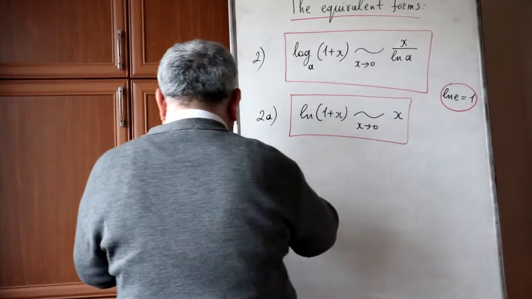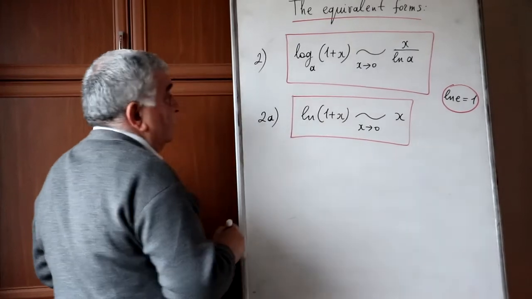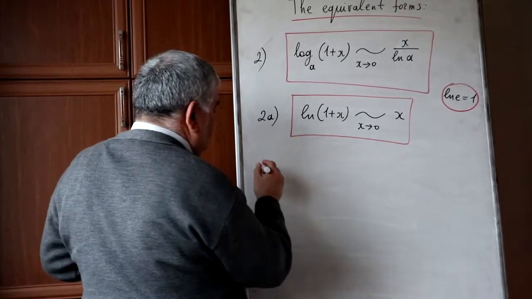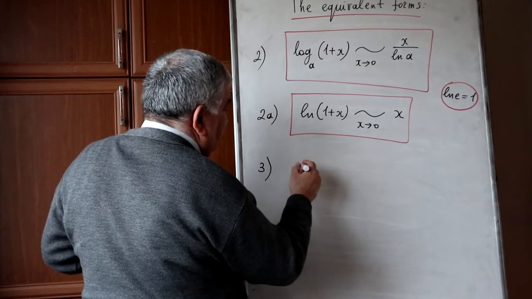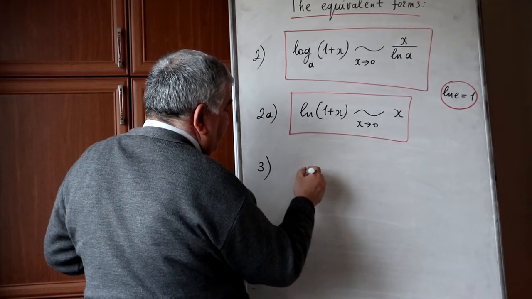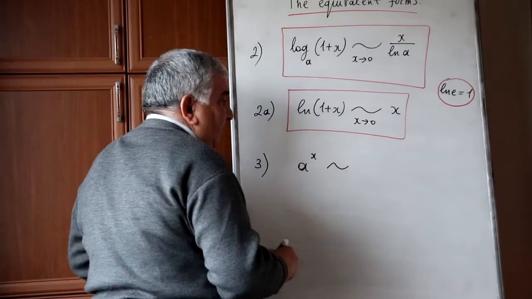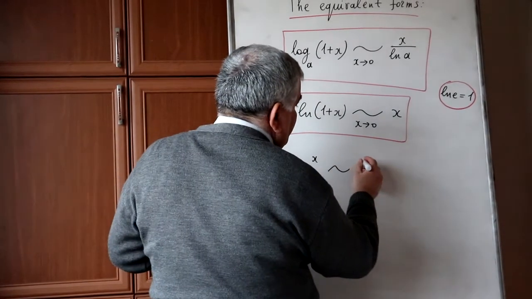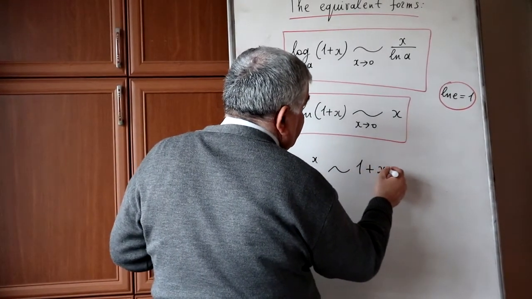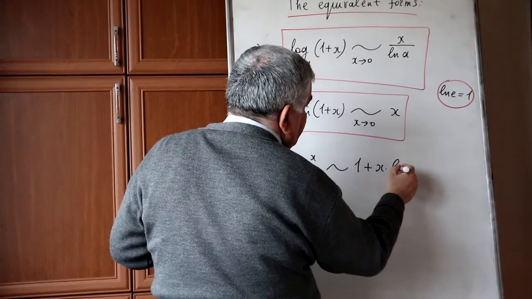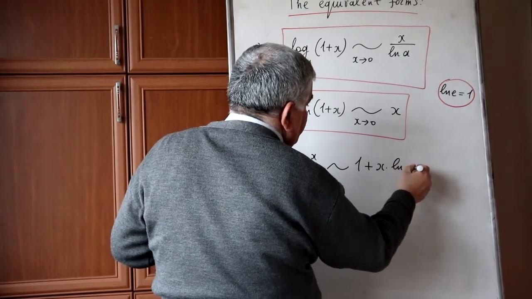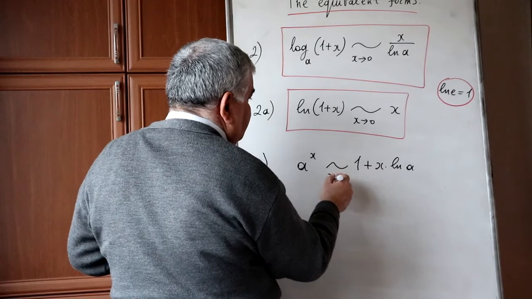Then third formula for the general exponential function. a to x is equivalent to 1 plus x multiplied by natural logarithm of a when x tends to 0.